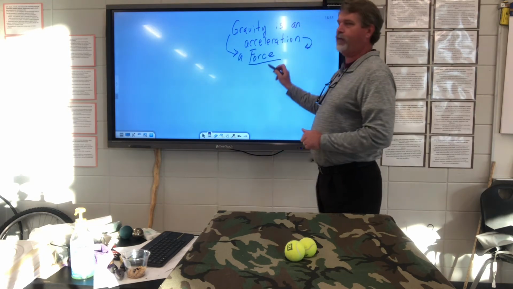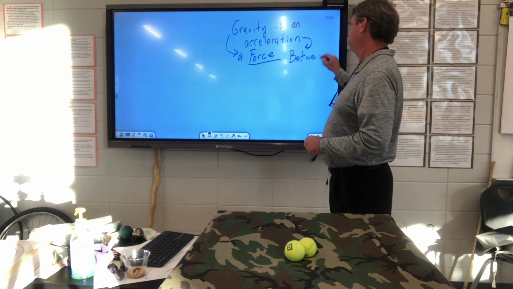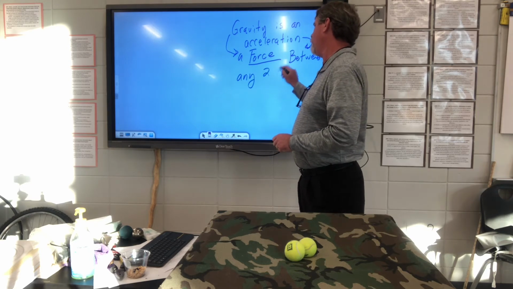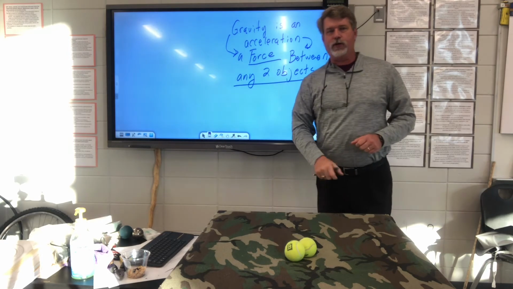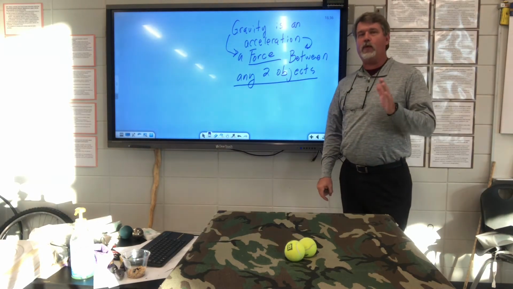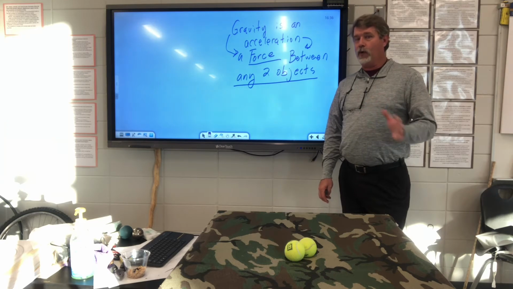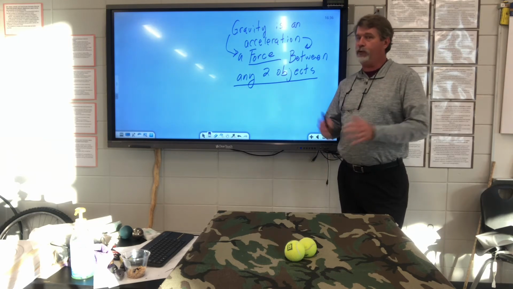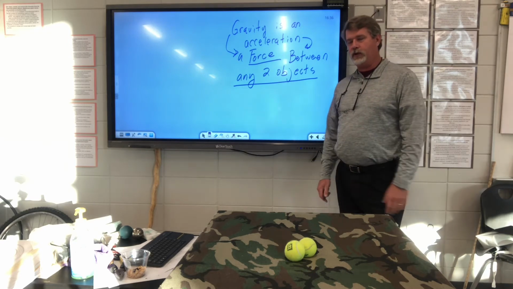So gravity is a force between any two objects. If you only had one object, then you wouldn't have gravity. But if you have more than one object, then there is some type of gravitational force that exists. And if we put three objects, then every object would be exerting a gravitational force on the other objects.